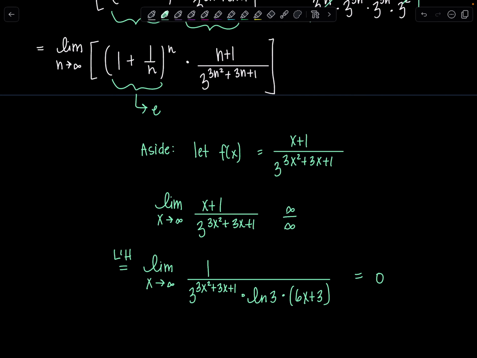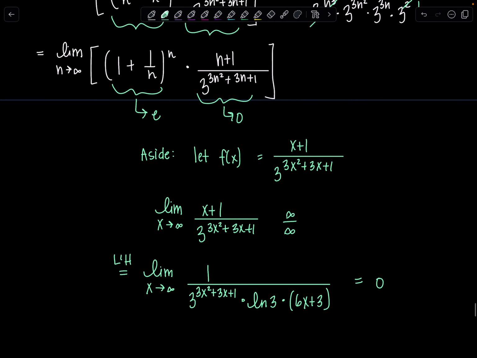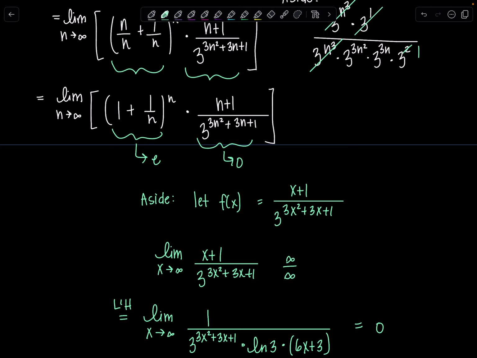Okay, so this term here is approaching 0. Then we can go back to the limit and say we have the first term approaching e, that's a constant, and the second term approaching 0, and they're being multiplied together. e times 0 is 0. We used the ratio test, so what do I care about this limit? That it is less than 1.